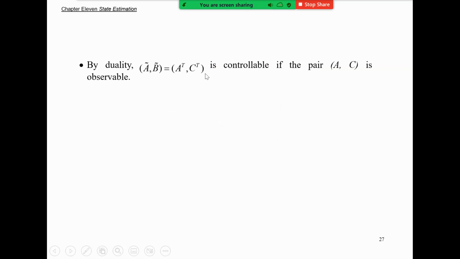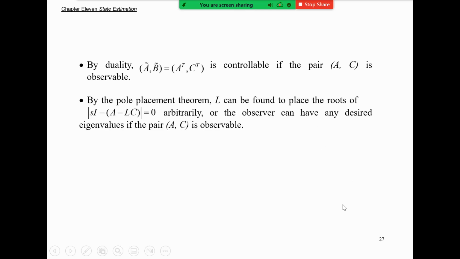Also, we know by duality, which we have learned, that if the pair A, C is observable, then the pair A transpose, C transpose is controllable. So this is the time we can use it. If we know how to solve the pole placement problem of the controller, then we know the solution for the observer design.